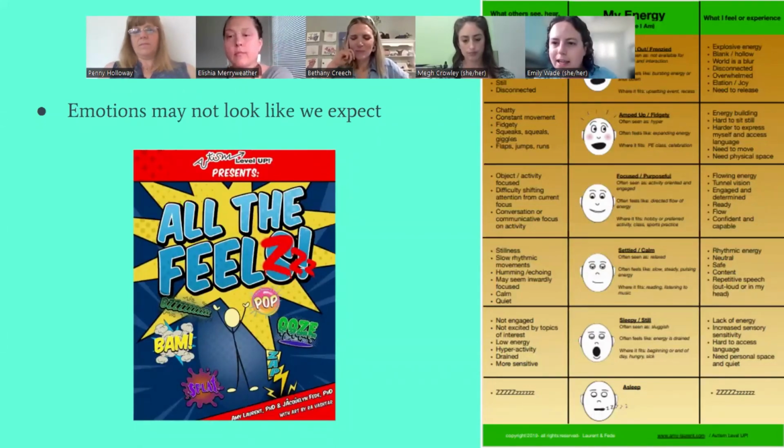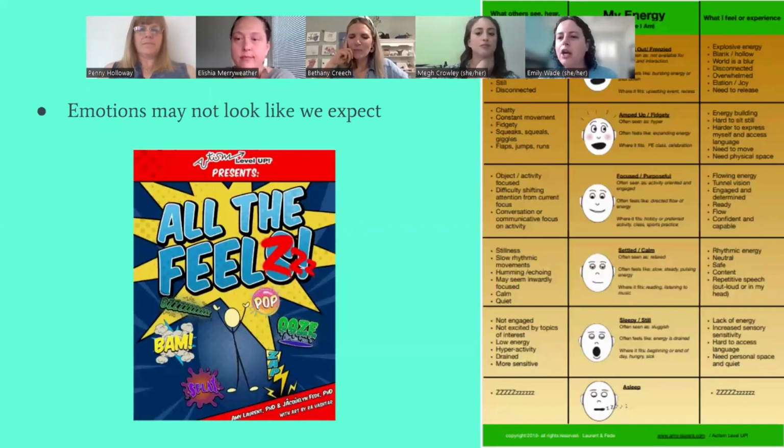So for example, I'm amped up and fidgety, and I really love that it gives these examples of, this is often seen as hyper, but it often feels like expanding energy, right? And so that might feel like pop to somebody. So what does that feel like, in a way that is talking more about the physical sensation than using feeling words?